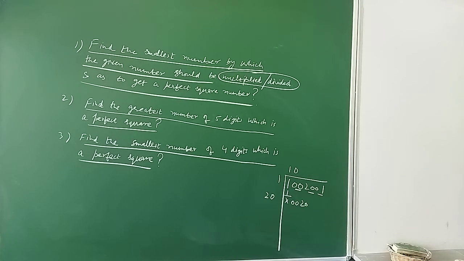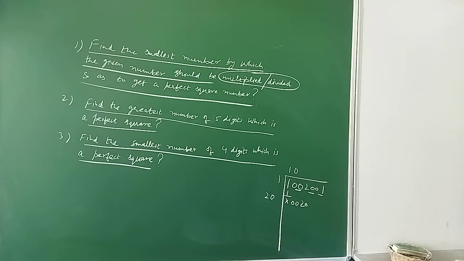First, find the smallest number by which the given number should be multiplied, and in the same manner, by which number it should be divided, so as to get a perfect square, and hence you can be asked to find the square root of the same. This is number one.